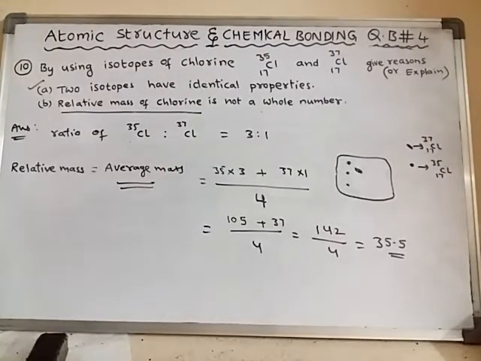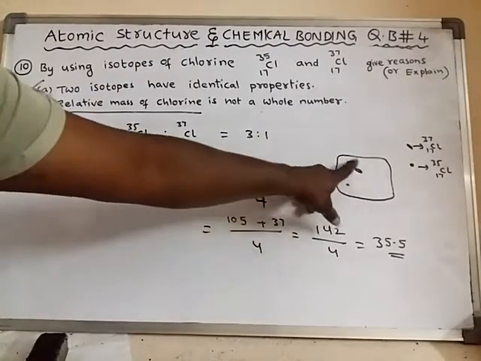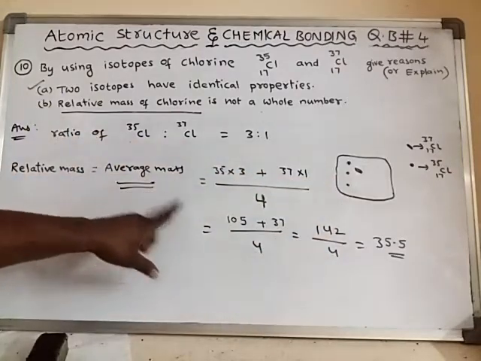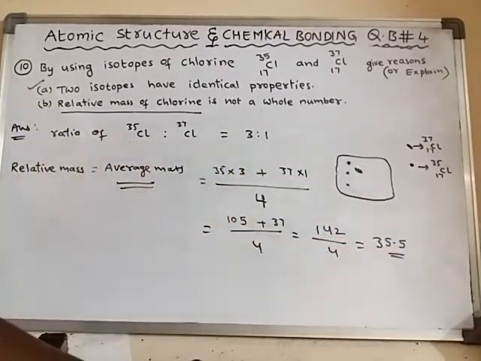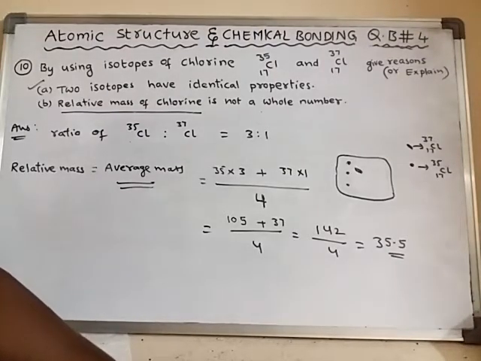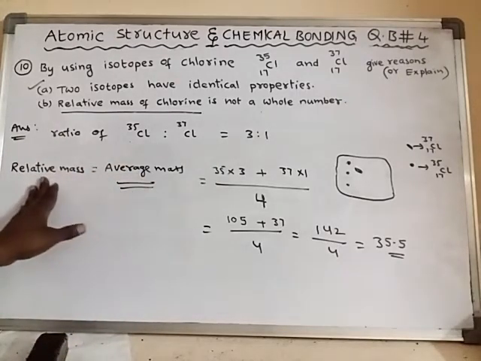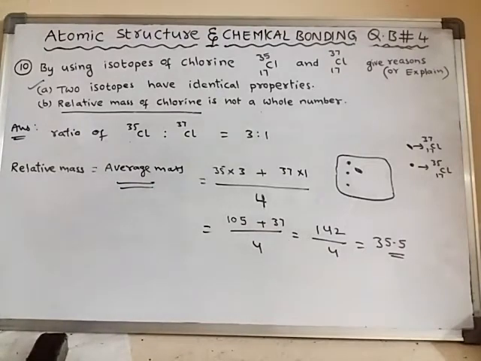Hence, upon taking the average of the masses of all isotopes of chlorine, you will get an average mass, and that average mass will not always be a whole number. Hence the relative mass is nothing but average mass. So that is why a relative mass is not a whole number.